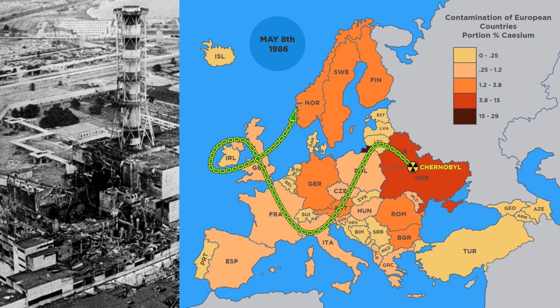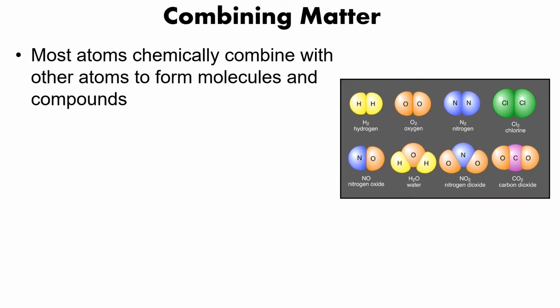You can see that it took place in Chernobyl, which is in the Ukraine, but all of Western Europe and even some of the Middle East are going to have a portion of the cesium, which is one of those radioactive materials. The radioactive material got onto the wind and was transferred all over this area.